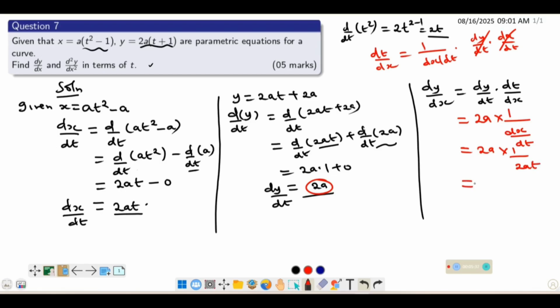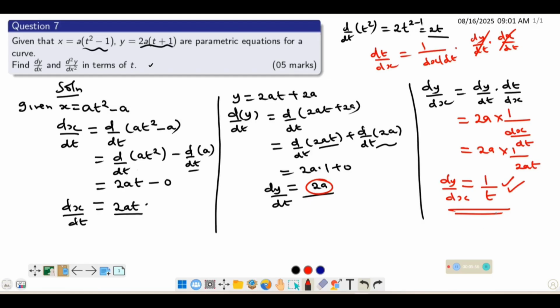Simplifying this gives us 1 over t. So dy/dx is 1/t, and that will be your answer for dy/dx.